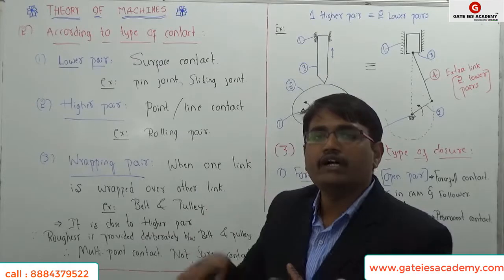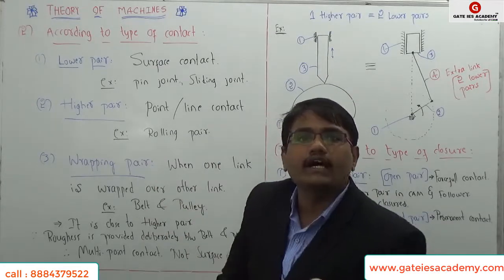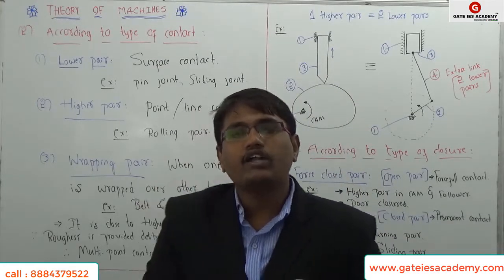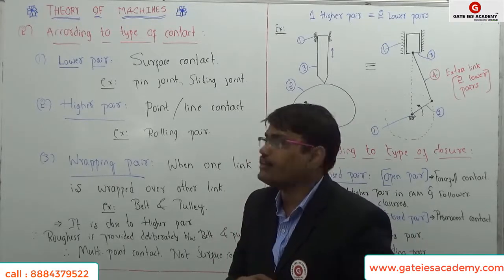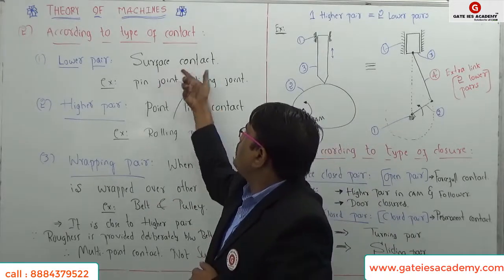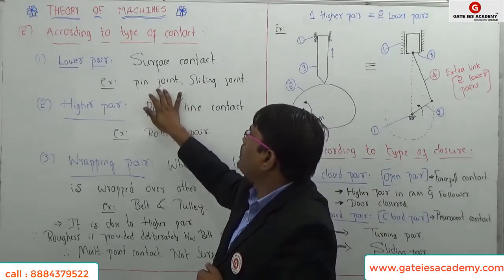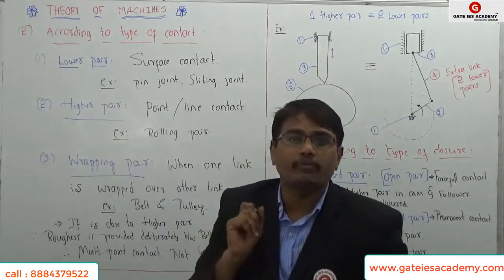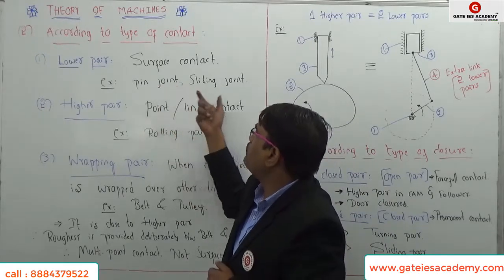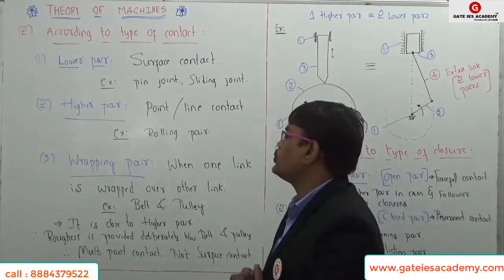In a sliding pair, when one link is sliding over the other link, it also has a surface contact. When the contact is a surface contact, it is known as a lower pair. Example, pin joint and sliding joint.